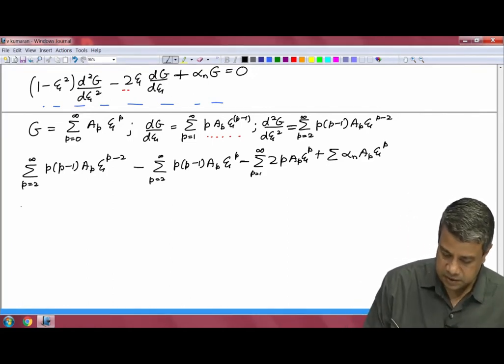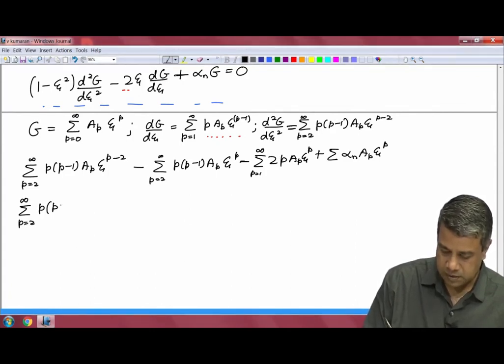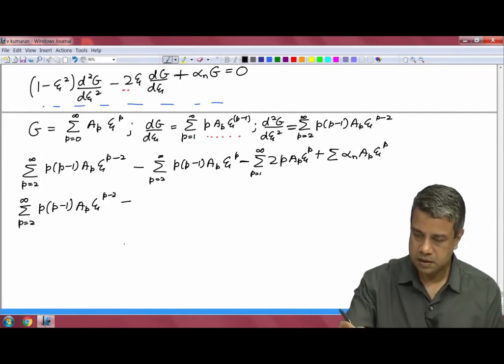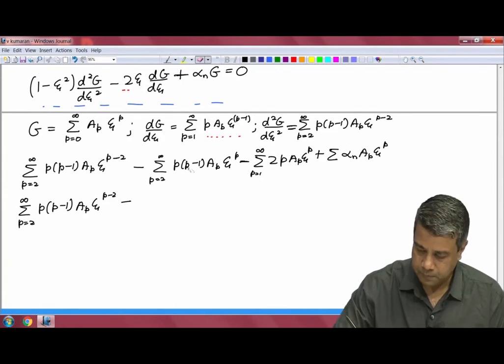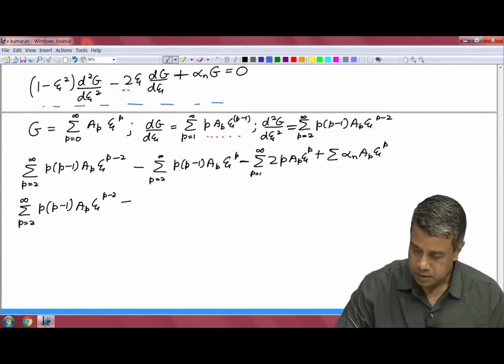So, the first term here is just summation p is equal to 2 to infinity of p into p minus 1 a p, minus, I have here p into p minus 1 plus 2p.